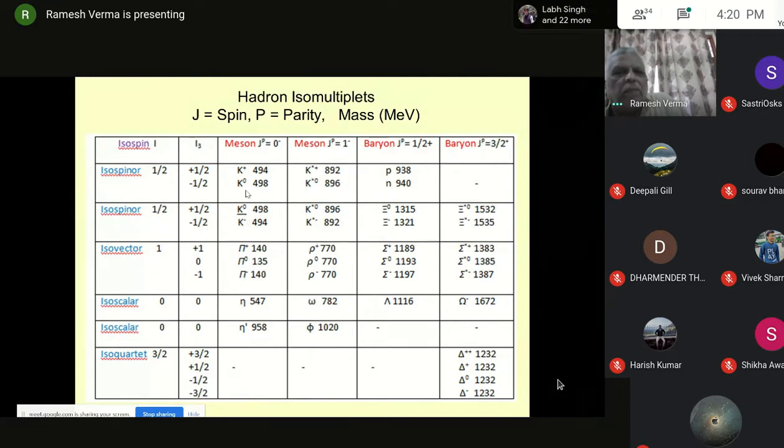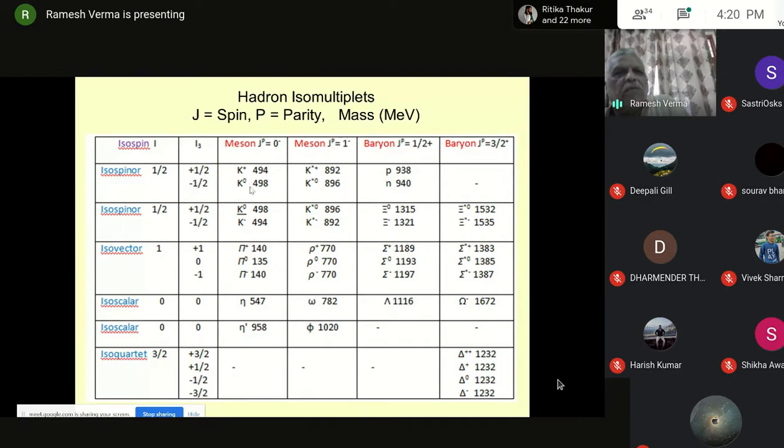K minus is the antiparticle of K plus, K0 bar is the antiparticle of K0. This is the typical property of an elementary particle, that for every particle we have an antiparticle, or sometimes a particle may itself be its own antiparticle. For example, pi zero, eta, eta prime.